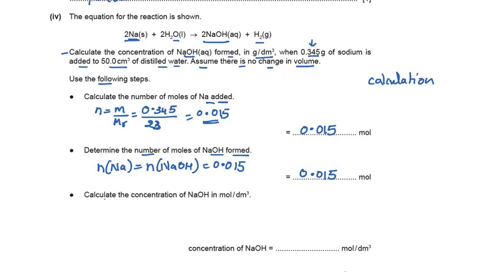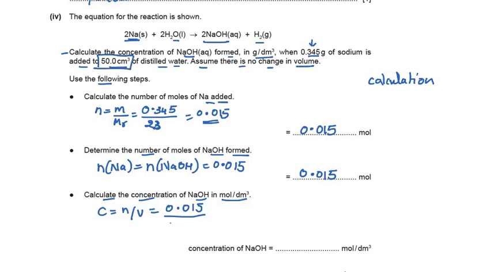Now the next step is calculate the concentration of sodium hydroxide in moles per dm cube. Presently we are supposed to calculate moles per dm cube concentration only, and the formula is concentration is equal to moles divided by volume, where our moles is 0.015, and we can see that the volume given here is 50 centimeter cube.